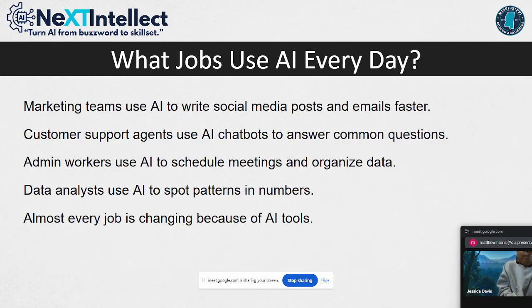Customer support agents use AI chatbots to answer common questions. So that's why we see so many chatbots. The human doesn't need to be tied up answering the same question hundreds and hundreds of times, like what are your hours, right? That information of the company could be in a chatbot to answer the customer's question.